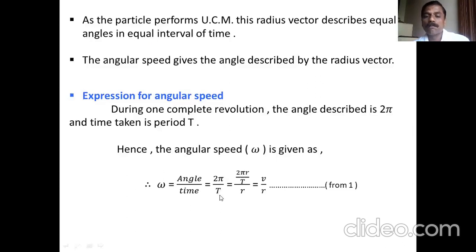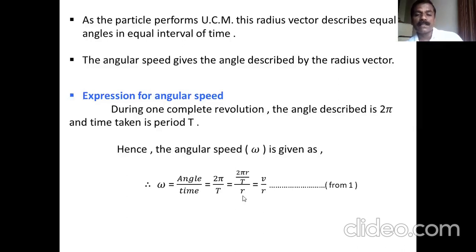Now here we can put the expression, dividing by small r. If we divide by small r, we get 2 pi r divided by T, divided by r.